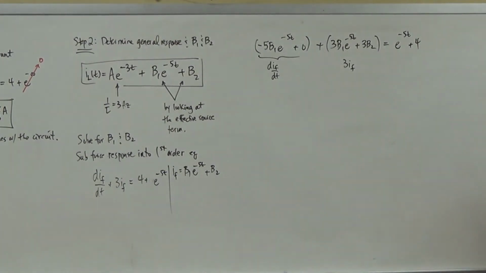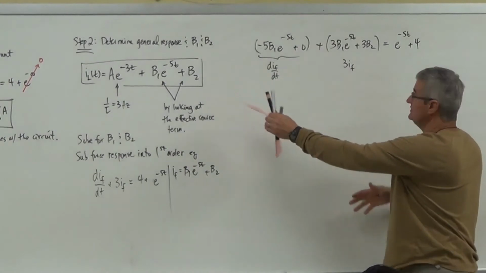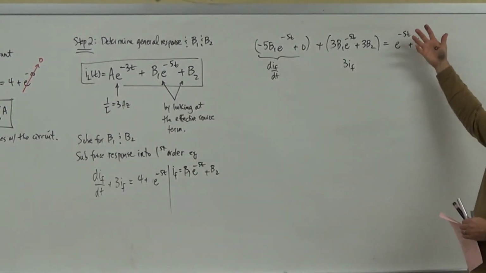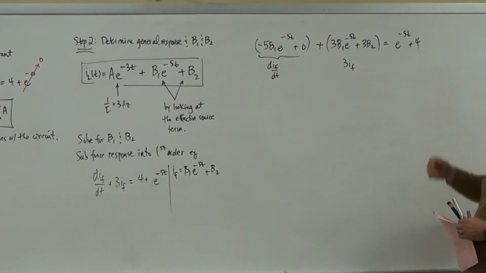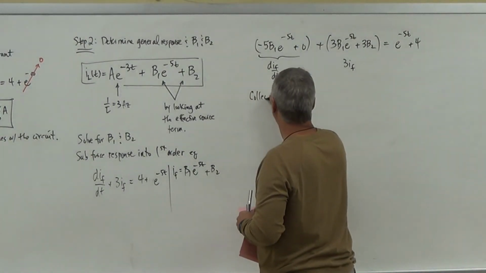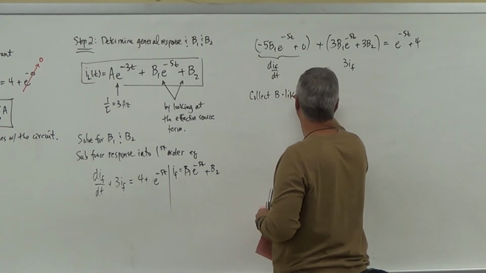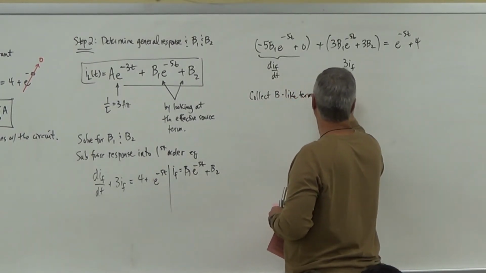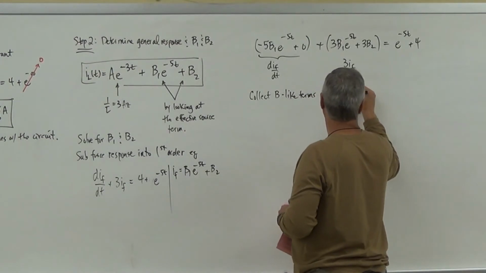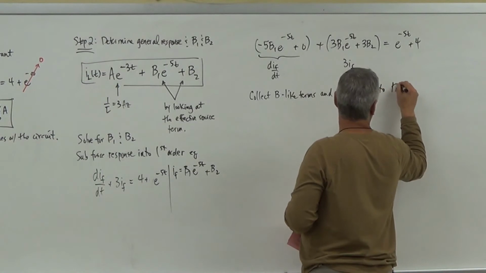So the b's on this side must equal the appropriate term on the right side. What I'm going to do is collect like terms and equate them to the right side.